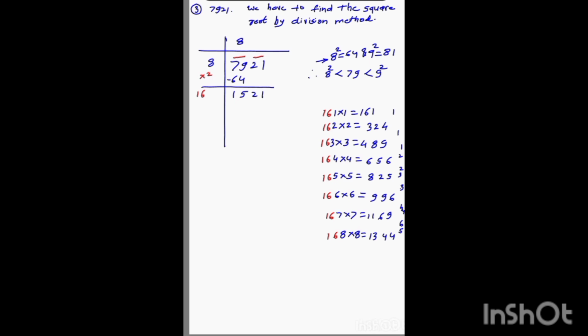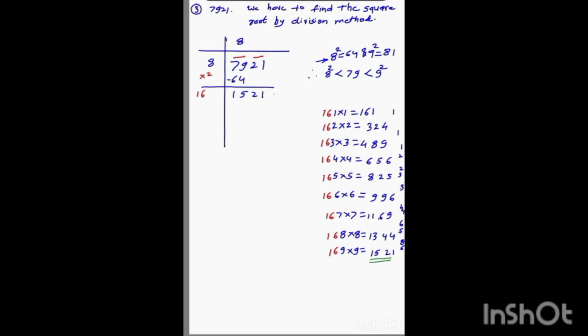Then 169 into 9. 9 times 9 is 81, 1 carry 8, then 54 plus 8 is 62, carry 6. And this 15, 1521, that is your number, 1521.